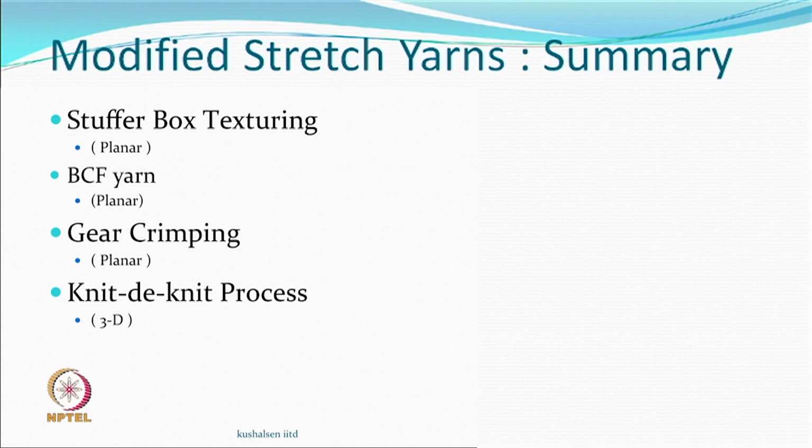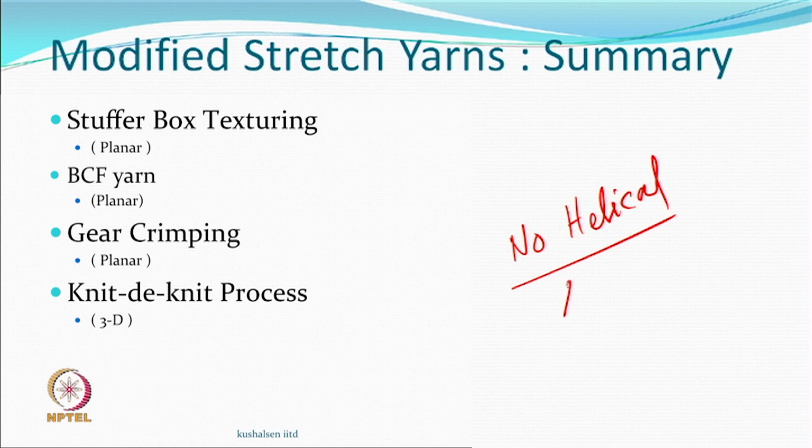So, it will look like a different type of yarn, and the product made out of this will also look different from whatever you may have got, but that is it. If stretch and bulk, they will be definitely working around. So, in summary, other than the twisting process, okay, no twist here, no helical structure.